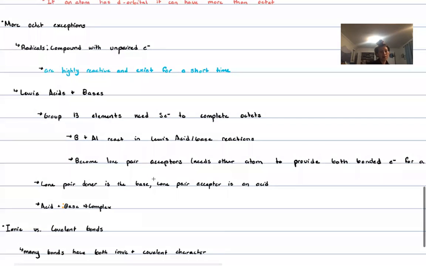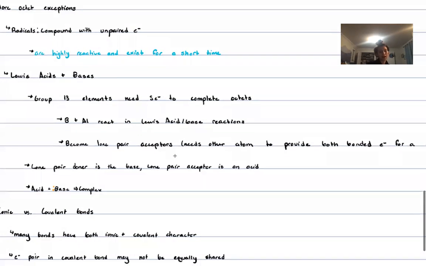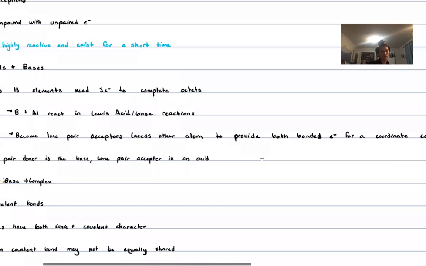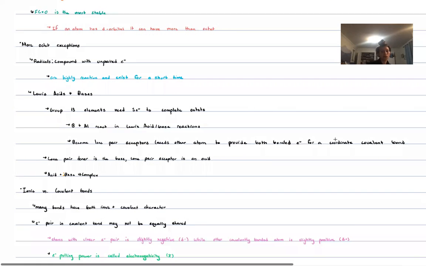And then special cases, B and Al react in Lewis acid-base reactions, and basically it becomes a lone pair acceptor because it needs another atom to provide both bonded electrons for a coordinate covalent bond.